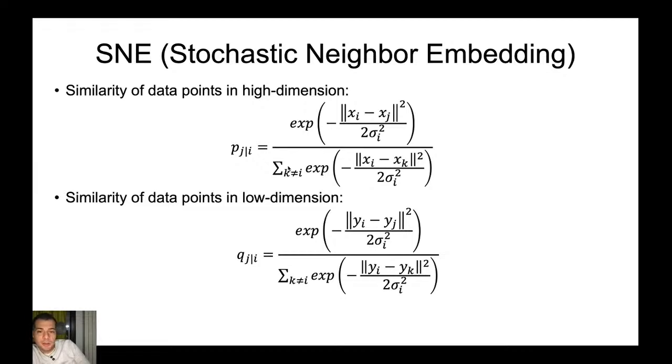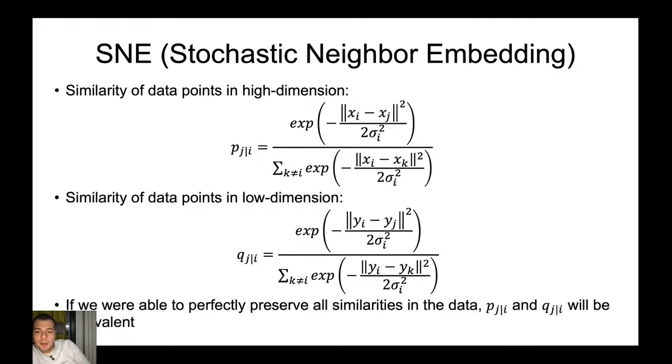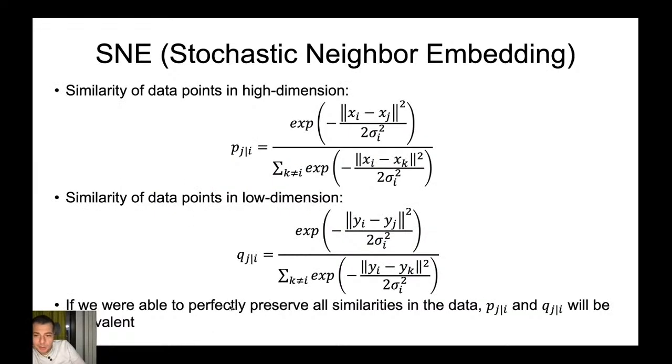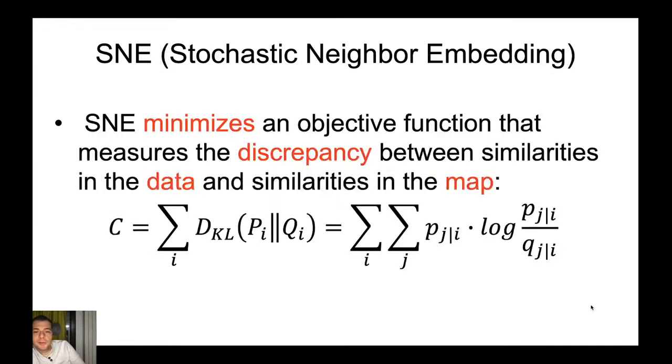So we have these probability densities, and what we want to achieve is to preserve the similarities in the data such that these probability densities will be equivalent.